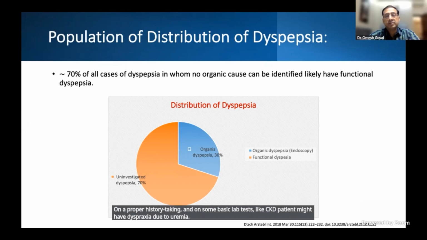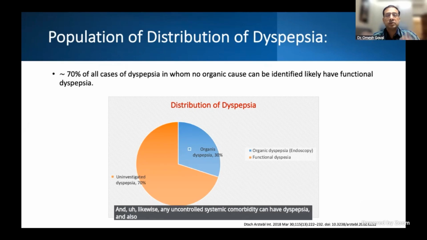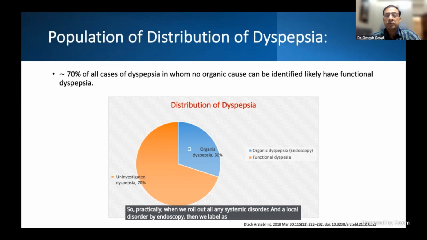A cardiac patient might have dyspepsia due to heart failure causing back pressure and edema. Likewise, any uncontrolled systemic comorbidity can cause dyspepsia, and those also come under organic dyspepsia. So practically, when we rule out any systemic disorder and any local disorder by endoscopy, then we label it as functional dyspepsia.